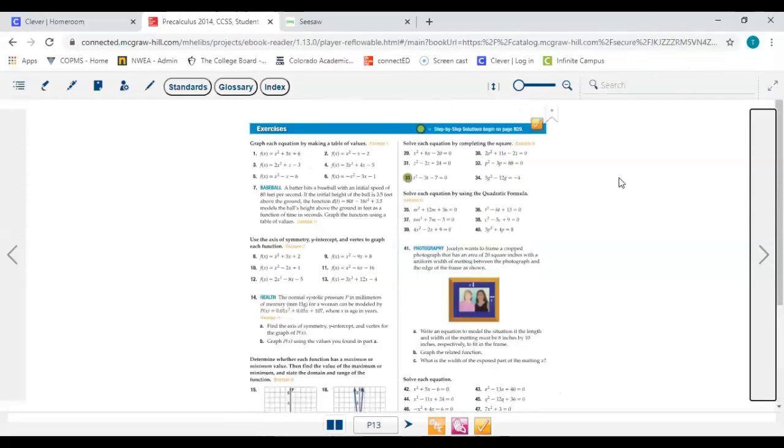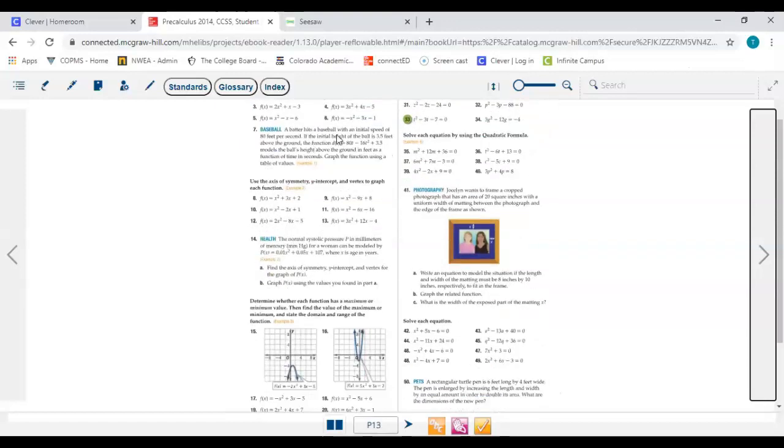So here's page P13. You can see that you're going to start off by graphing, by making a table of values. Once again, use your axis of symmetry to make yourself more efficient. Then 8 through 12, once again, still graphing using your axis of symmetry.